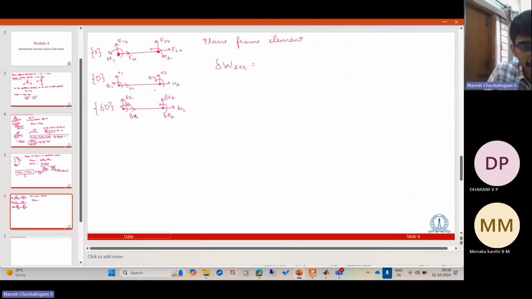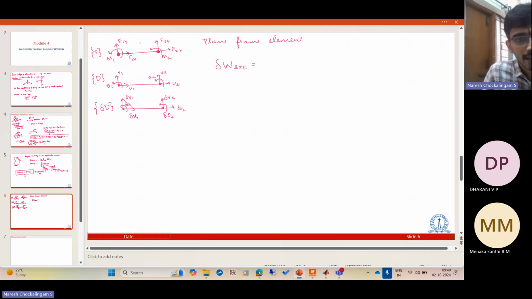So the body is already in equilibrium at some state. So this element is in equilibrium under the action of these forces and these displacements. But now you're considering a virtual displacement field, which is like, think of it as perturbing this displacement by a small amount, delta U1, delta V1, delta theta. And in the process, you're keeping the forces unchanged.